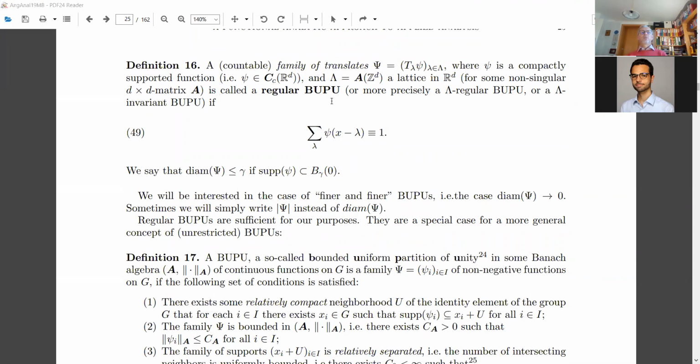And I will use mostly the regular case, where I'm using shifted functions which add up to 1. These shifted functions come from bump functions which have compact support.